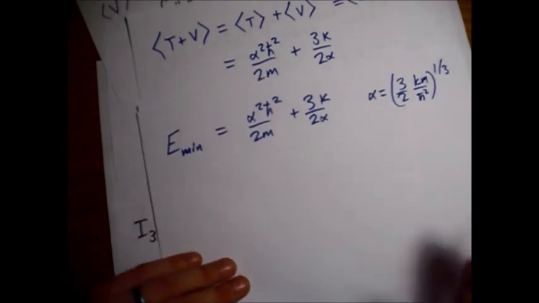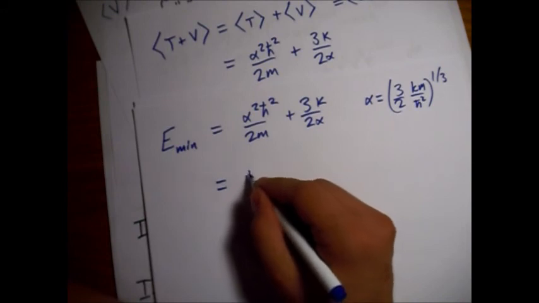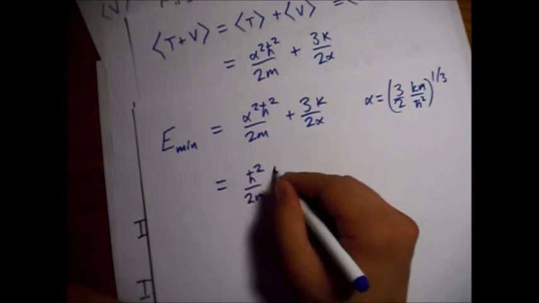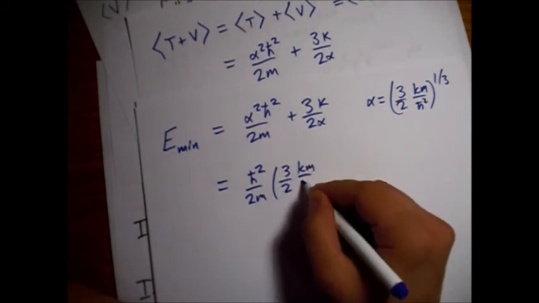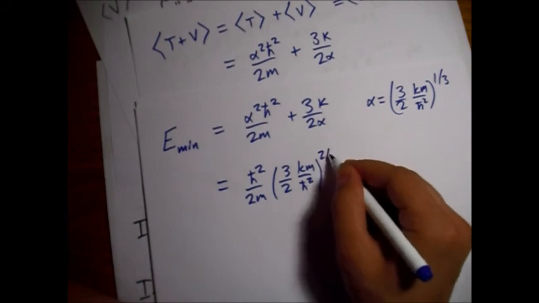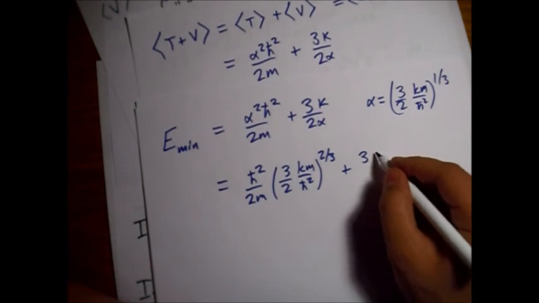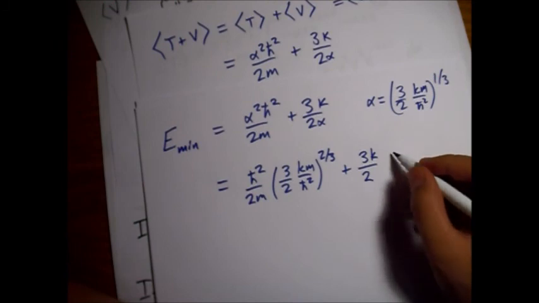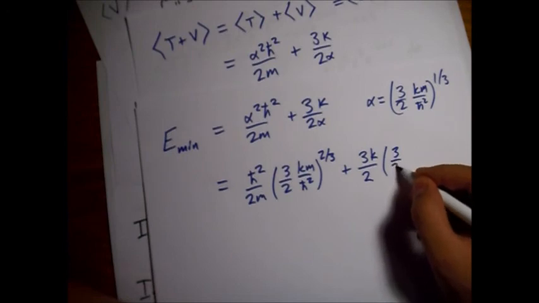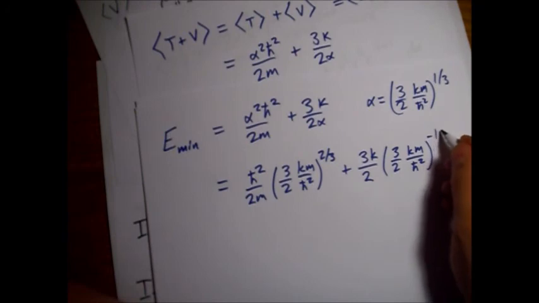All right, so let's just plug and chug real quick. I get an h bar squared over 2m, and then this 3/2 km over h bar squared to the 2/3, plus a 3k over 2, and then an alpha, or this 3/2 km over h bar squared to the minus 1/3.